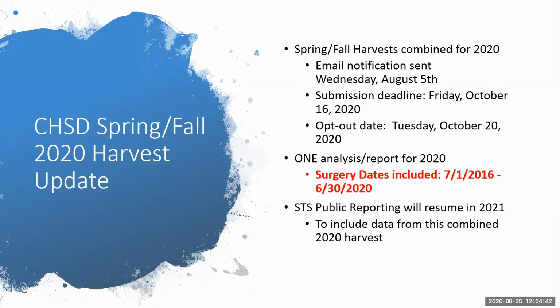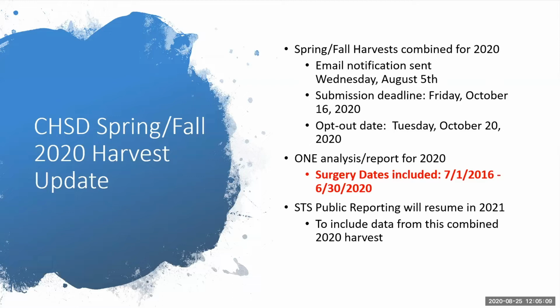Due to the release of the platform, the task force and the STS decided there would only be one harvest for 2020. The analysis will cover a 4-year period, July 1, 2016 through June 30th, 2020. So participants should be submitting surgical dates up through June 30th of 2020 for this harvest.